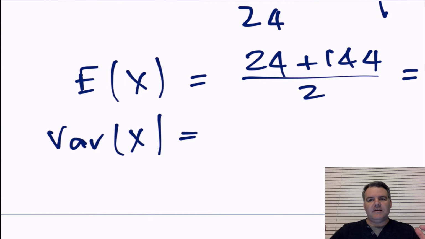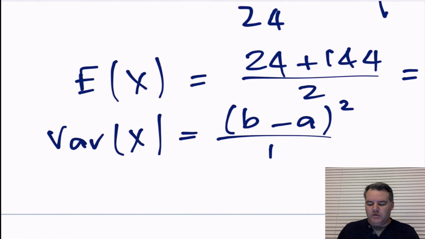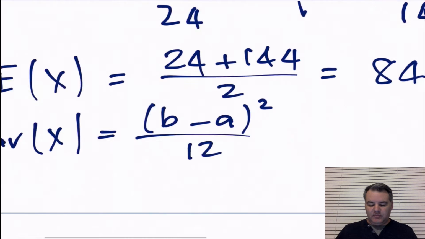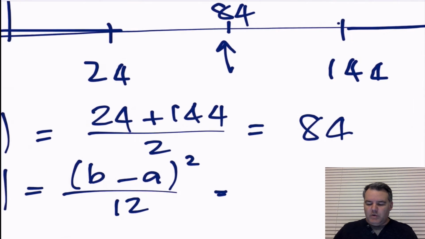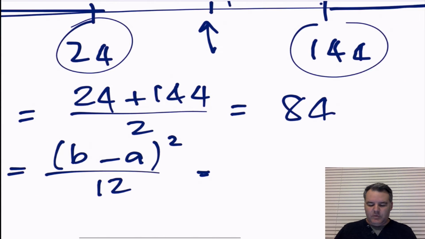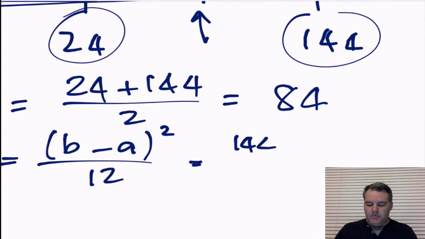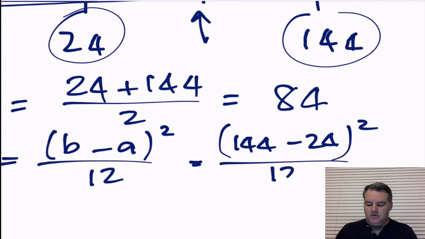We also worked out how to do the variance. I'm not going to go through that again, but here's a quick little formula. It's a bit of a cheat formula here: (b minus a) squared over 12. Now this little formula works only for uniform continuous random variables. So b and a in this case are the endpoints of the interval. So here we've got 144 and 24. 144 minus 24, squared, over 12.